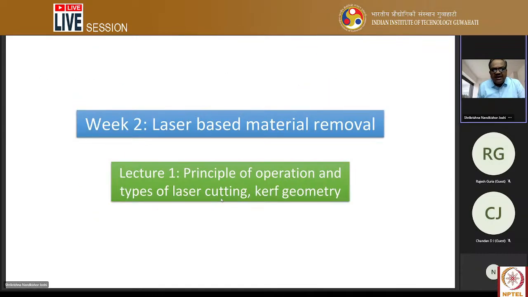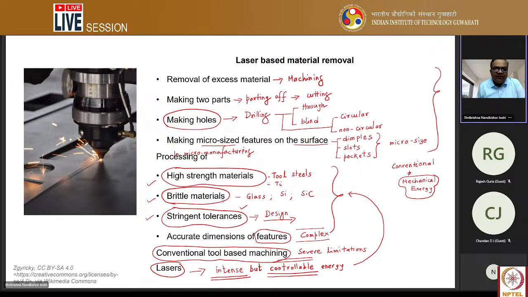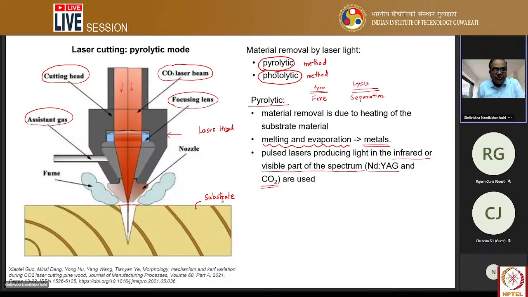Well, in the week 2, we started with the laser-based material removal, the principle of operation, types of various lasers that we have seen. We have seen the concept of kerf. So it is a material removal by using the lasers. So kerf is the width of the cut that we are getting. Of course, this needs to be considered when you carry out the actual operation.